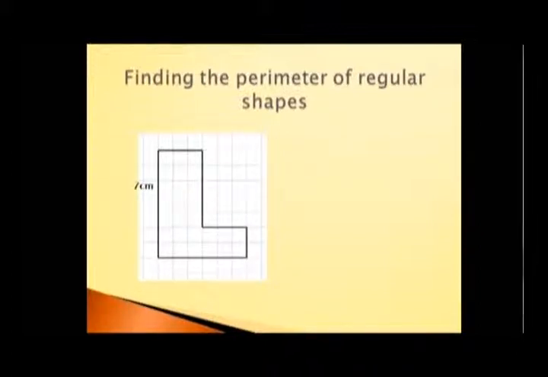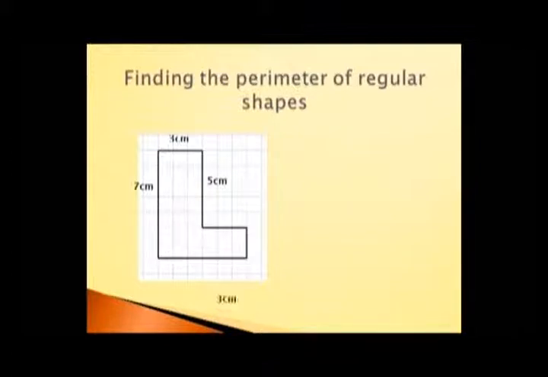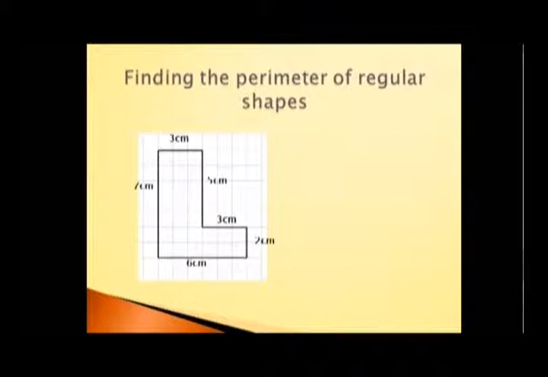7 centimeters along that side, 3 centimeters along that side, 5 centimeters, 3 centimeters going across there, 2 centimeters coming down, and 6 centimeters at the bottom.